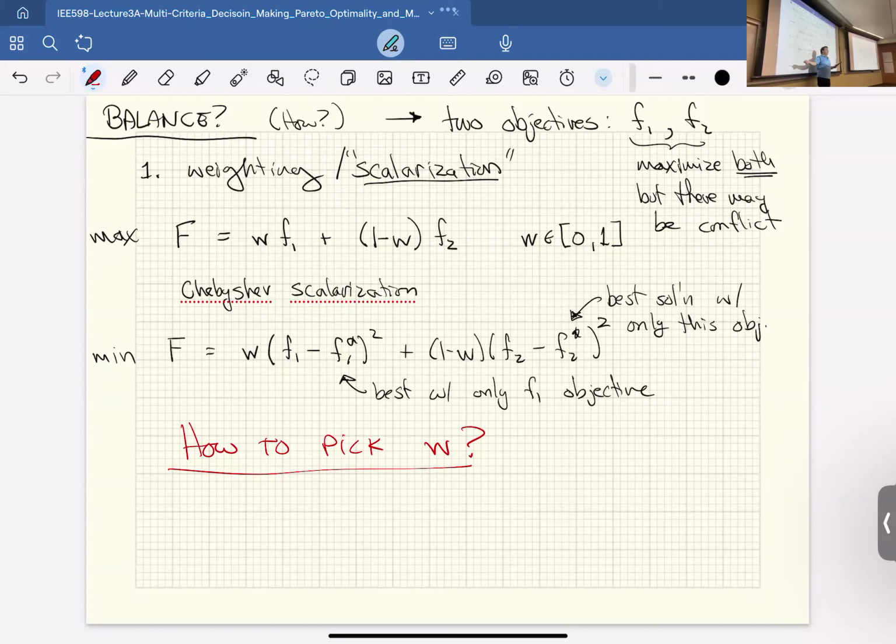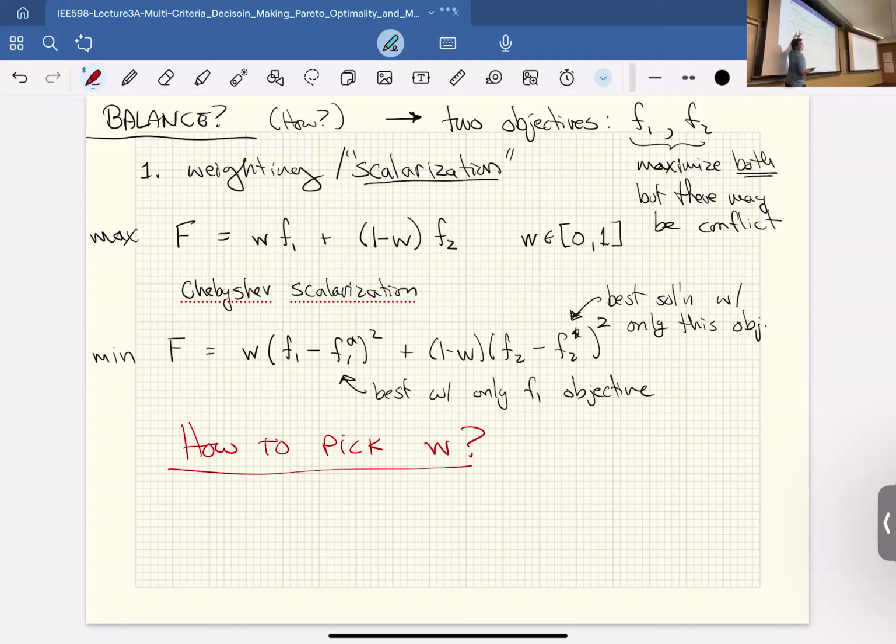If you pick W somewhere in between, you will greatly shift your solution between the two of them. And so it's not trivial. You can't just say, I'm going to add them together, 0.5, 0.5, because you're taking a stance that is entirely subjective. And so that can be a problem. And the same thing with the Chebyshev.